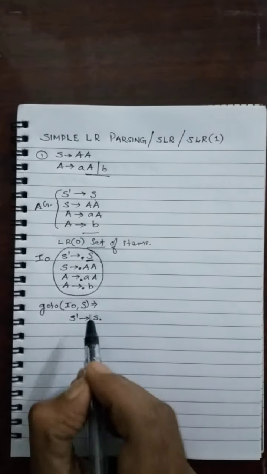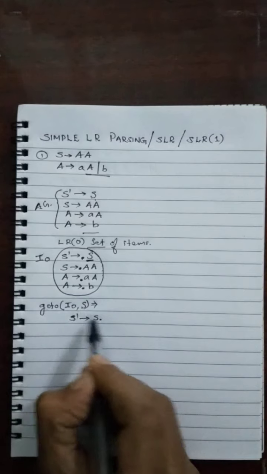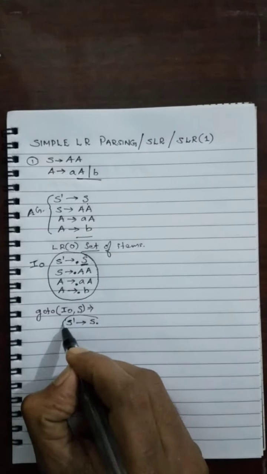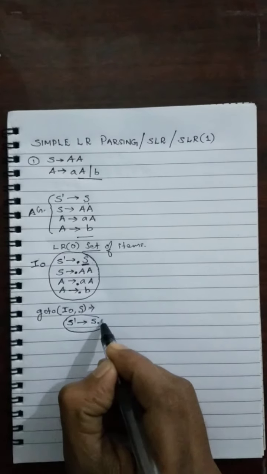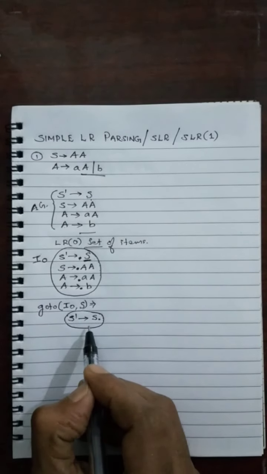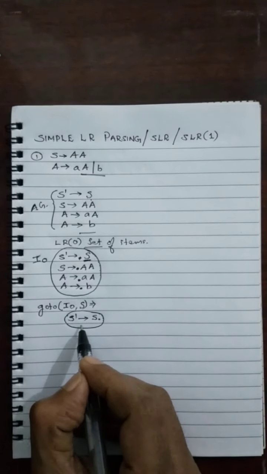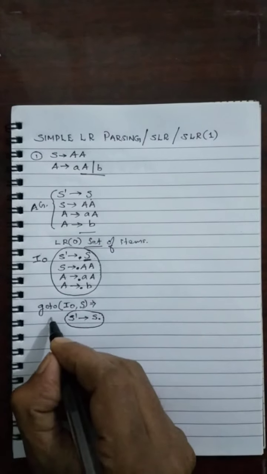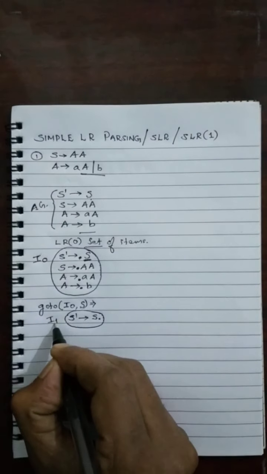There is no other production. So this is the only production which has S after the dot. So goto(I0, S) has only a single item. Now this set of items is different from whatever we have found earlier. So I name it I1.